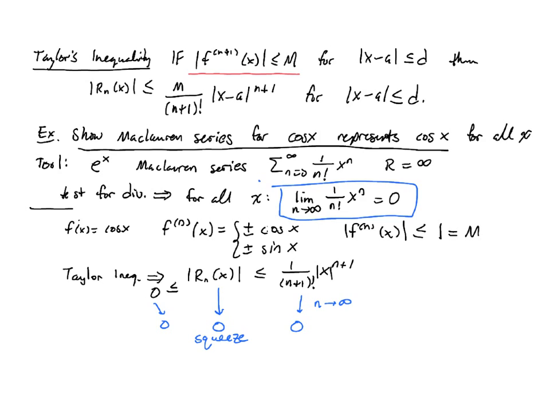Okay. Now, this is a very, very long section, so I'm not going to do any more examples, but I want to point out some things that you can find in the textbook for this section. So if you look at examples 3, 4, and 9, these are more examples about finding Maclaurin and Taylor series and their radius of convergence and verifying that they actually represent the functions that they come from.